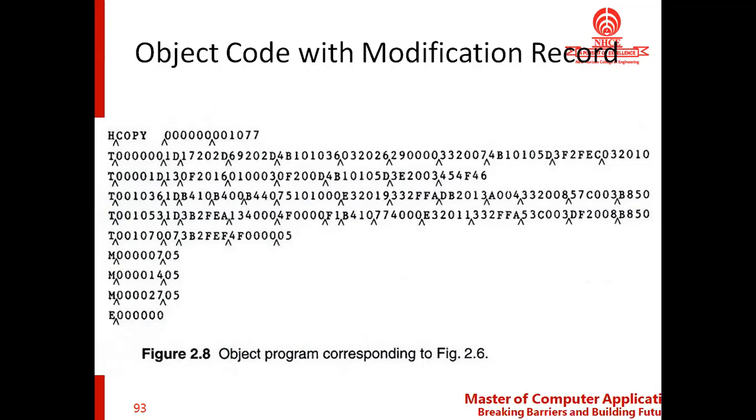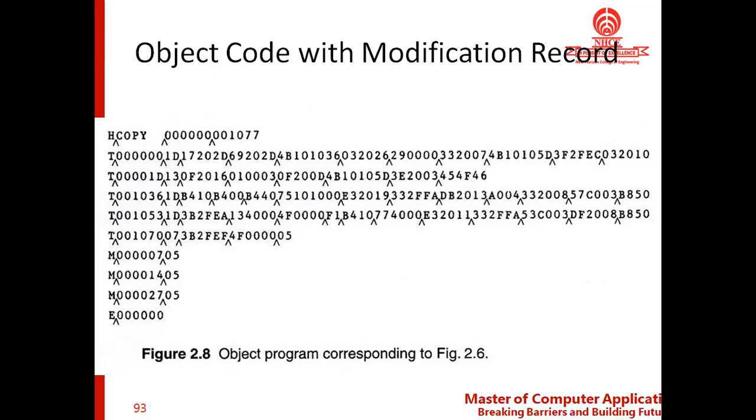By seeing this, we can make out that some changes need to be done if there is a program relocation, and that is mentioned with the modification record format. You can see there are multiple modification records, not a single record. So we have 3 records. Like text records, we can have modification records also. But only wherever changes are required, the modification record has to be used.